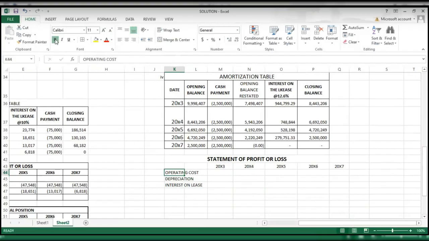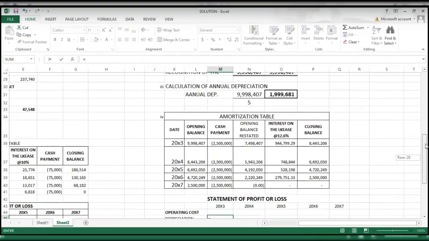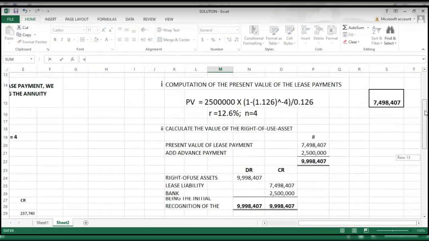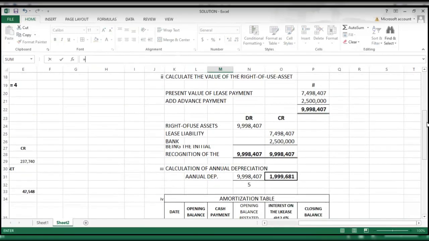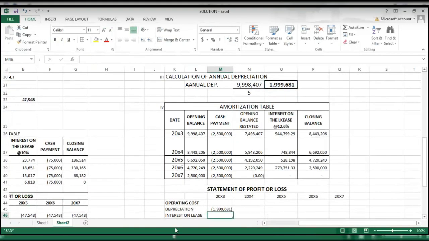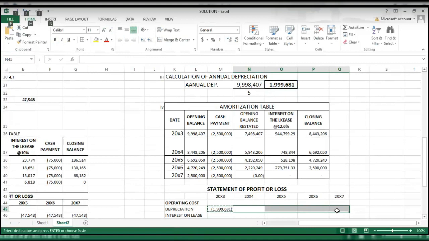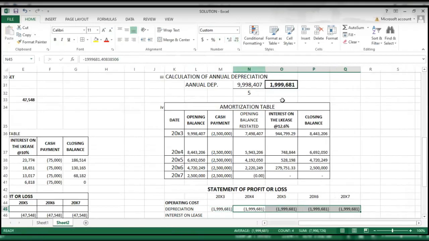We know we have calculated that in our working tool. So our depreciation is what? We come here, we pick it, which is what we did in working 3. These are our depreciation, negative figure. It has to be negative figure. And so we have our depreciation is the same thing over the years. Annual depreciation for 5 years is the same thing over the years. So we have our depreciation charges presented that way.